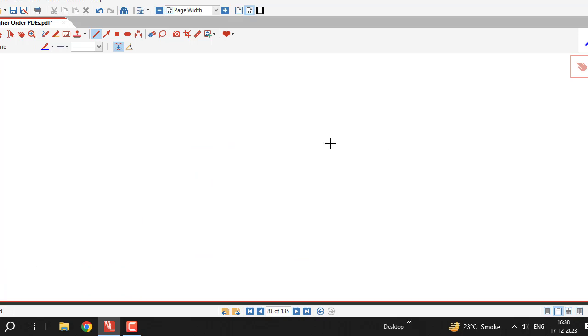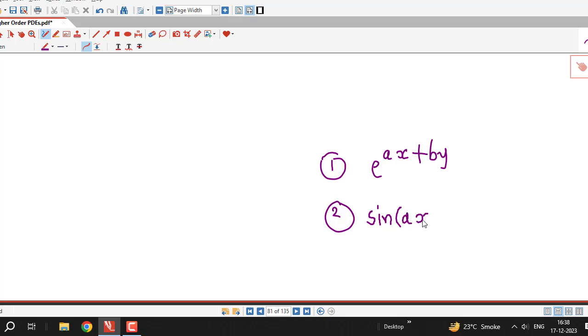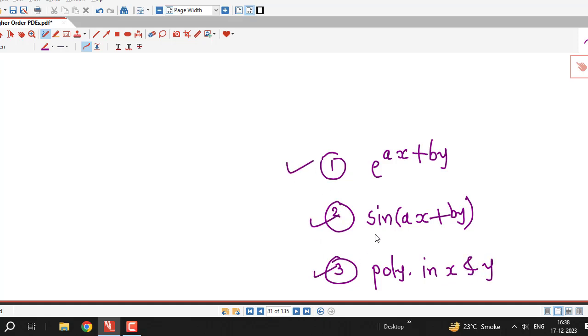But we know that shortcut methods are applicable for special functions on the right hand side, and we have discussed shortcut methods for this type of functions: if the right hand side is an exponential function, if it is in the form sin(ax+by) or cos(ax+by), and if it is a polynomial function in variables x and y. But suppose our right hand side is not any of these three functions, then we cannot apply these shortcut methods.